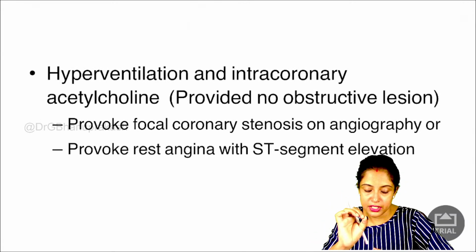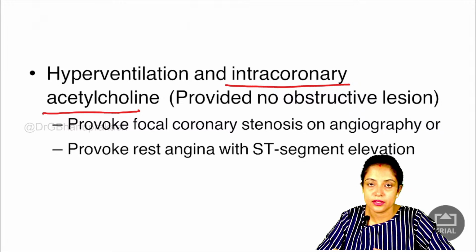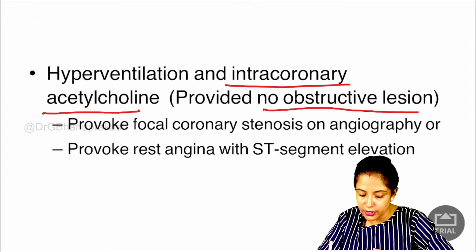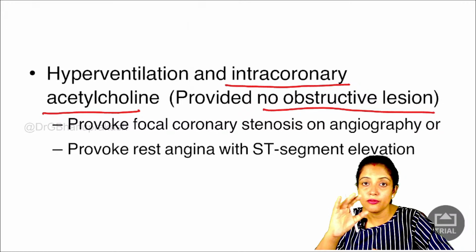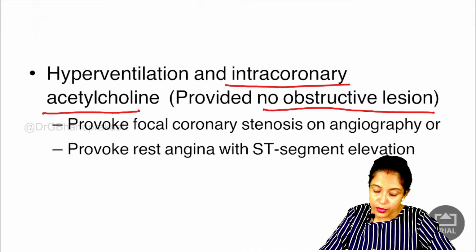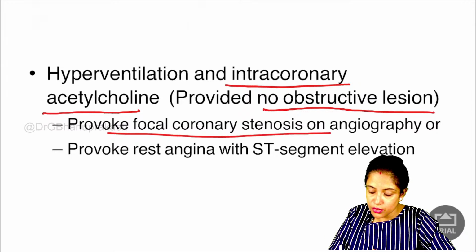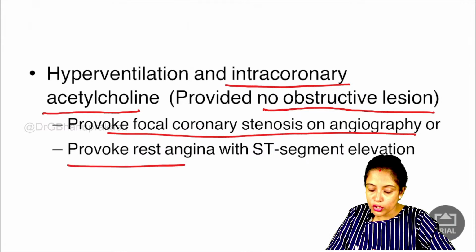But when you do a vascular reactivity test or vascular function test, how do you do it? You give intracoronary acetylcholine, provided there is no obstructive lesion. When you give intracoronary acetylcholine, there will be focal spasm. There will be vasospasm, which provokes focal coronary stenosis on angiography, or it can provoke rest angina.